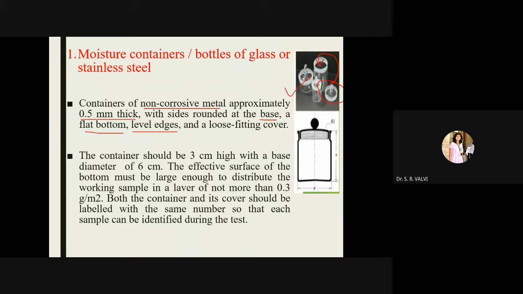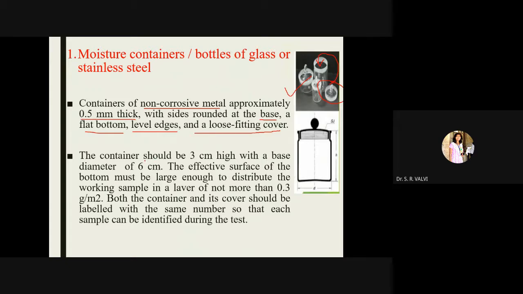Okay, here you can see all the edges have the same level, and a loose fitting cover. So here again, some bottles have the airtight and some bottles have the loose fitting cover, right?